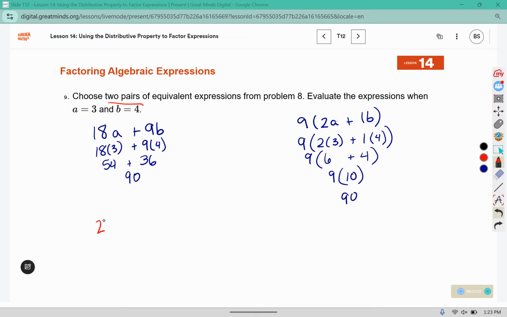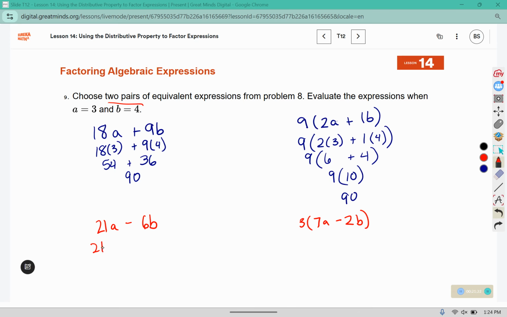We had 21a plus 6b. Should be minus 6b. And then we had 3 times 7a minus 2b.